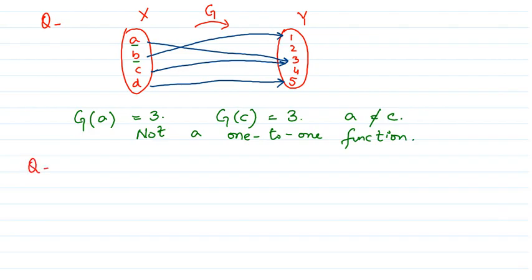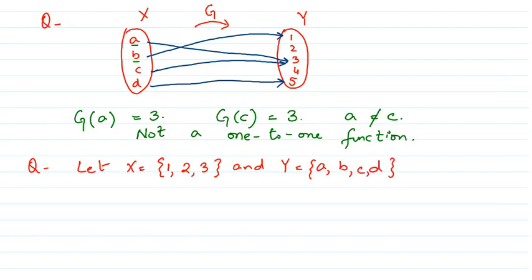Now let's do another question here. Say we have a set x having three elements 1, 2 and 3, and there is another set y having four values a, b, c, and d. And let me define a function h, which is from x to y, as follows.